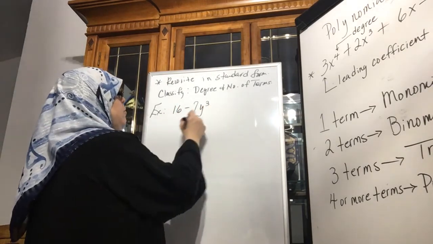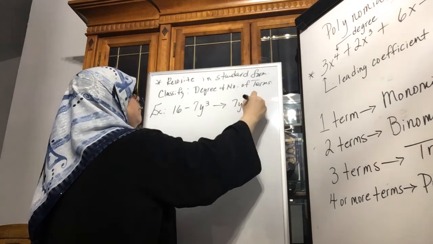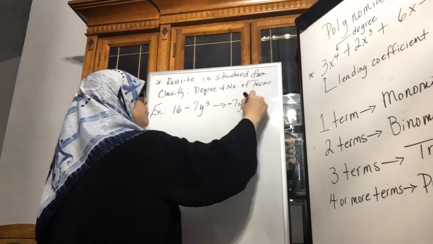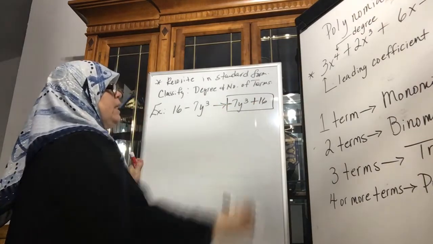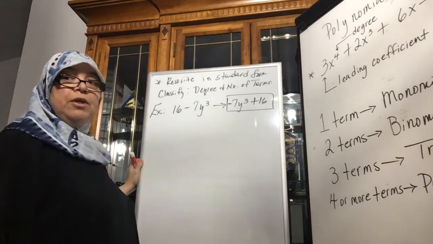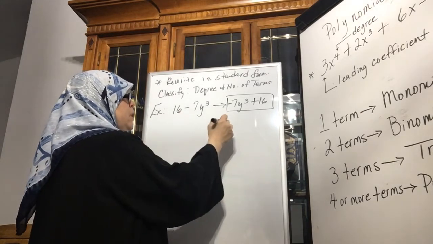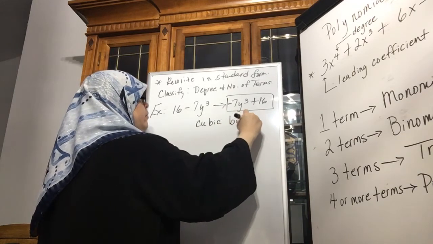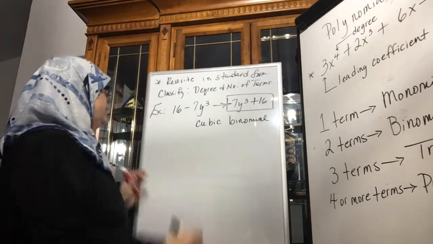So standard form would be negative 7y cubed, and don't forget that negative, and then plus 16. All right, so here is my standard form. And then remember, this is a cube, or to the third, right? So this would be called a cubic binomial. A cubic binomial. All right?